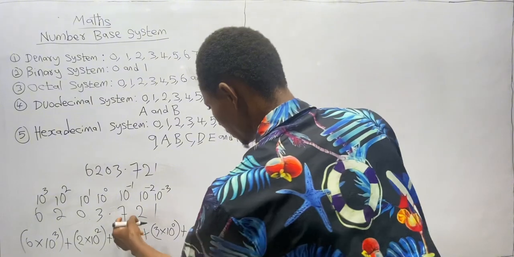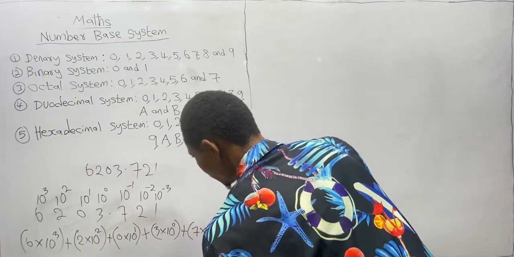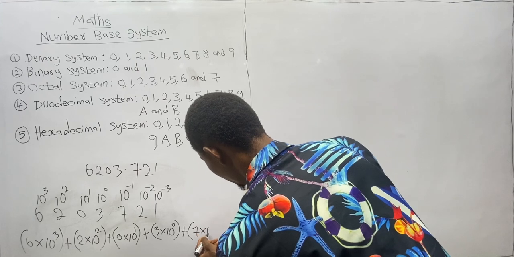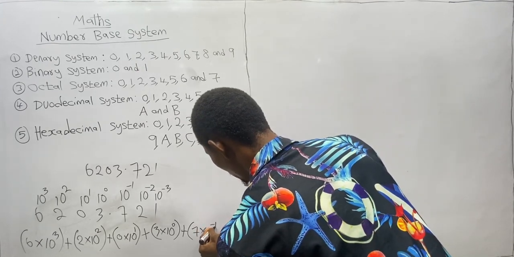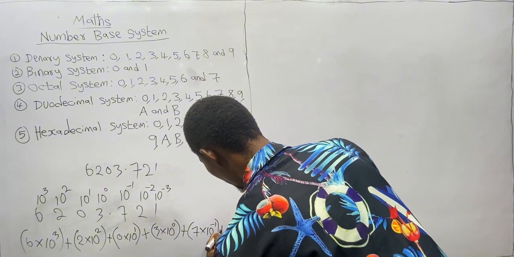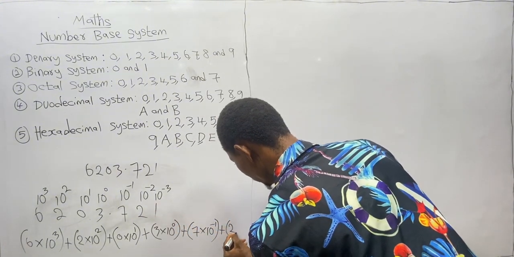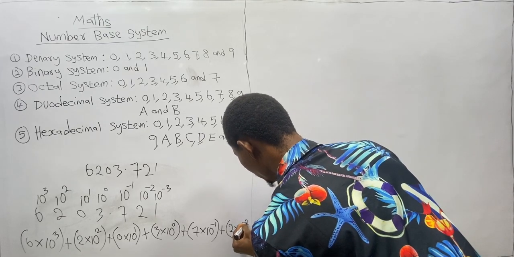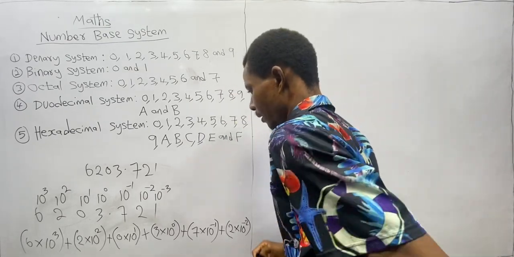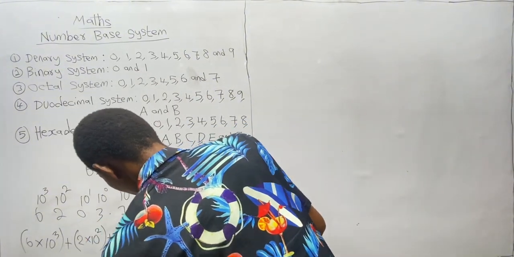plus 7 times 10 raised to the power of minus 1, plus 2 times 10 raised to the power of minus 2. And the last one, you can write it here or there, anyone.